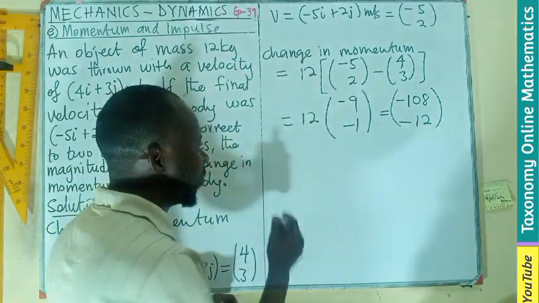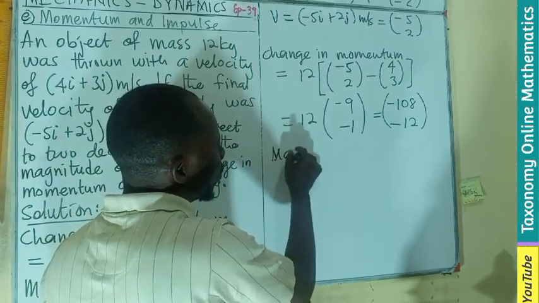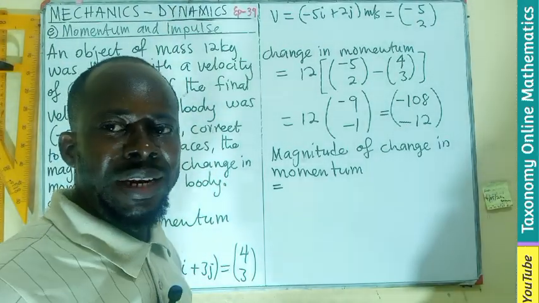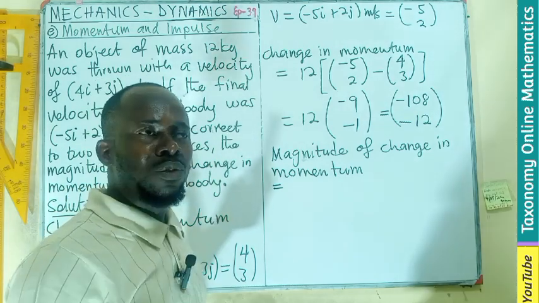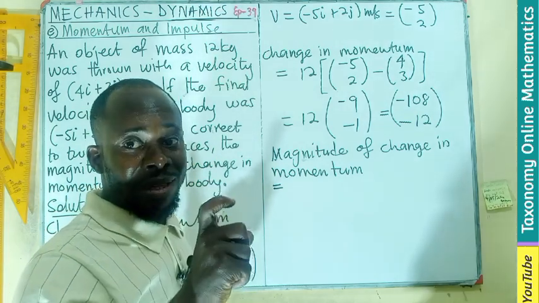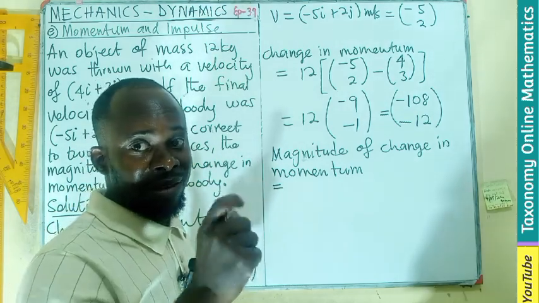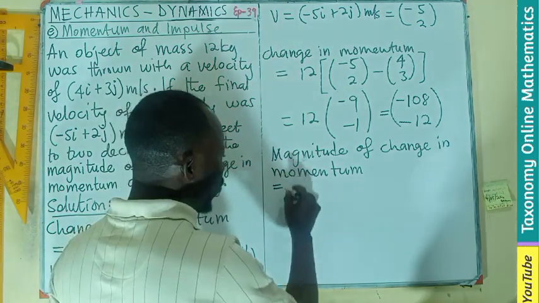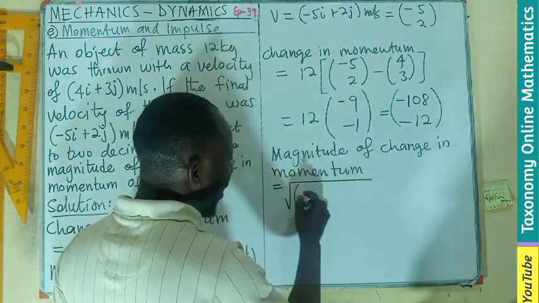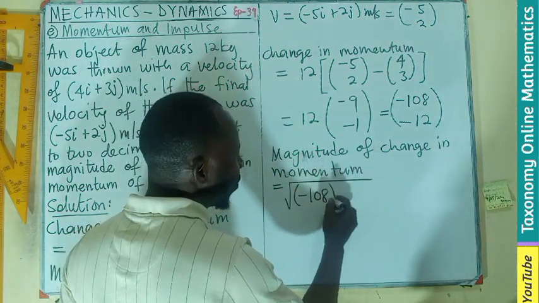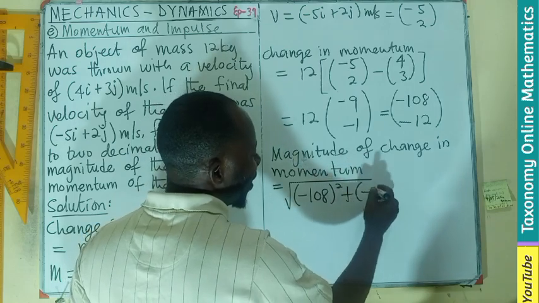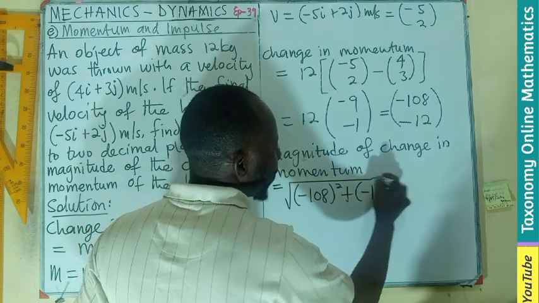This is showing the change in momentum. But you're looking for magnitude. Remember, if you are looking for magnitude, it is the square root of the x coordinate squared plus the y coordinate squared. So I have the root of negative 108 all squared plus negative 12 all squared.